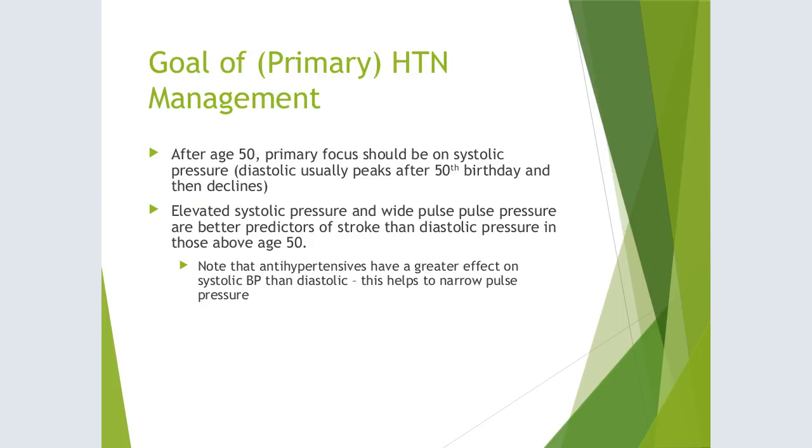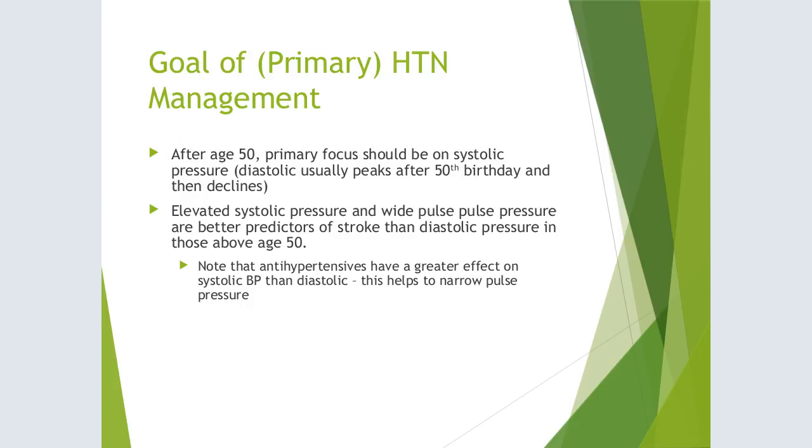Okay. The goal of primary hypertension management, okay, is to get the systolic pressure down. After 50, your diastolic pressure peaks and begins to decline. So your goal after 50 is to fix that primary systolic blood pressure, okay.